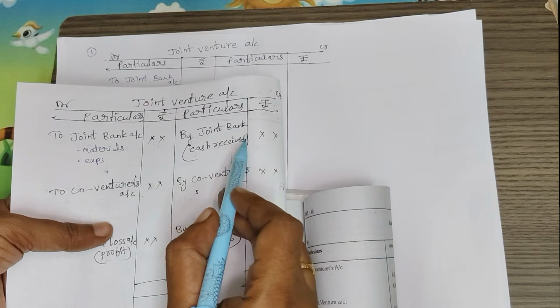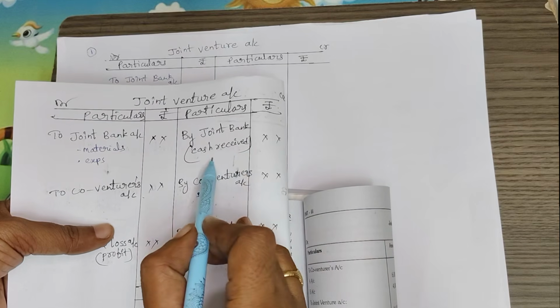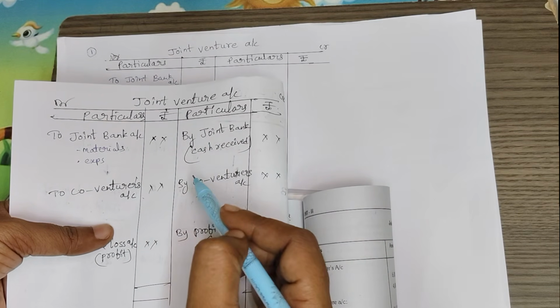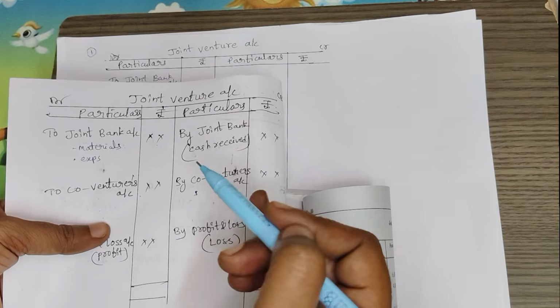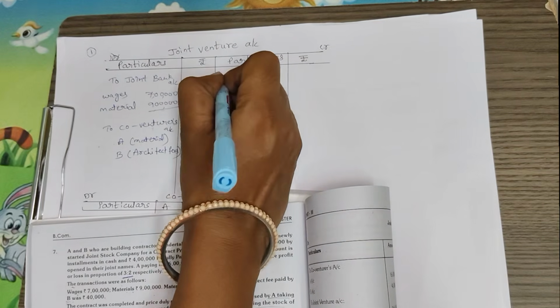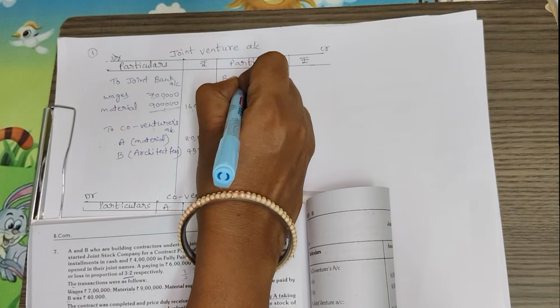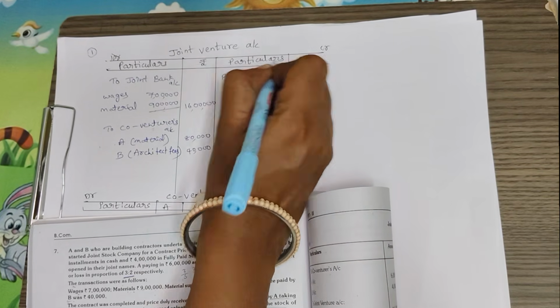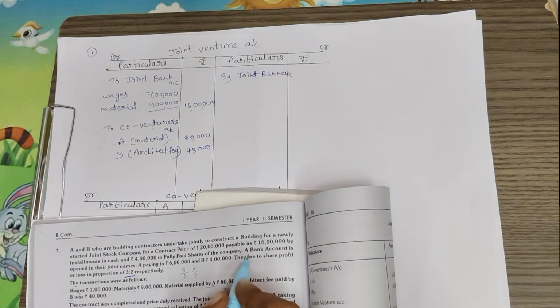And coming to credit side, by joint bank account. So what is this joint bank account? If you have cash received in the question, that cash received amount you need to write here. So what is the amount we received here?